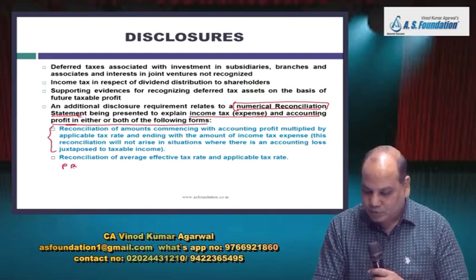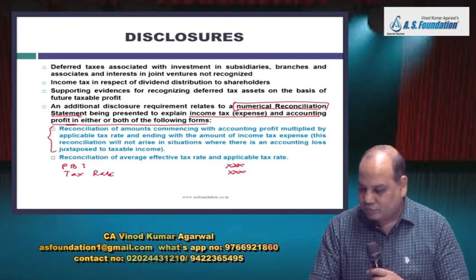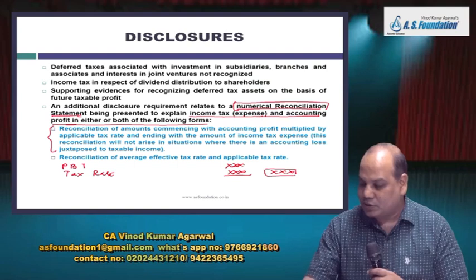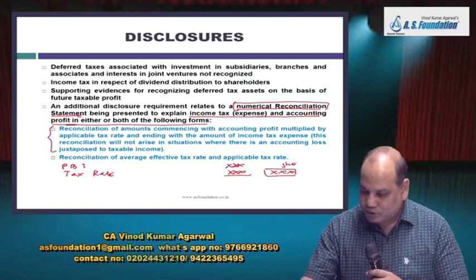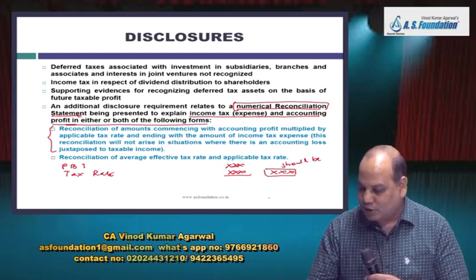So you will take PBT multiplied by tax rate. So you will get this is what your tax expense should be, and you have to compare it with the actual tax expense.